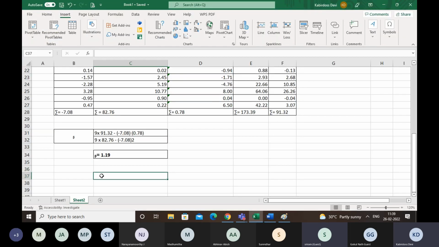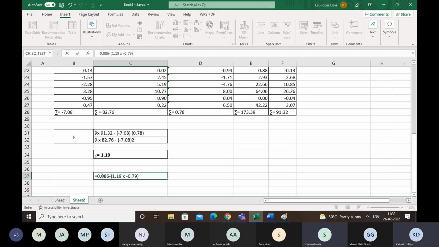So what is y bar? 0.086 is y bar, right? Minus beta, 1.19, into x bar, minus 0.79.